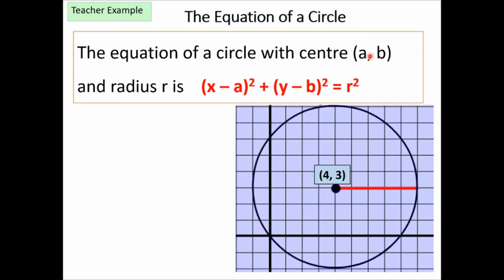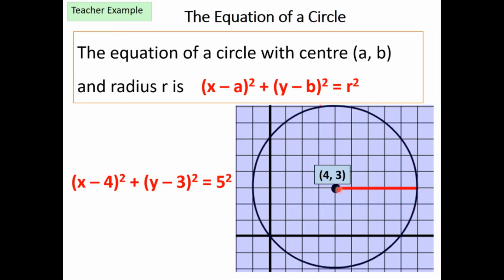And what you also need to know is that this is the opposite value to the actual coordinate. So if a here is positive, it will be x minus a and y minus b. So in this example, we've got x minus 4 squared plus y minus 3 squared is equal to 5 squared.